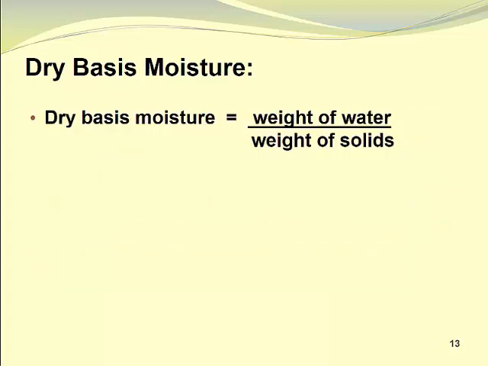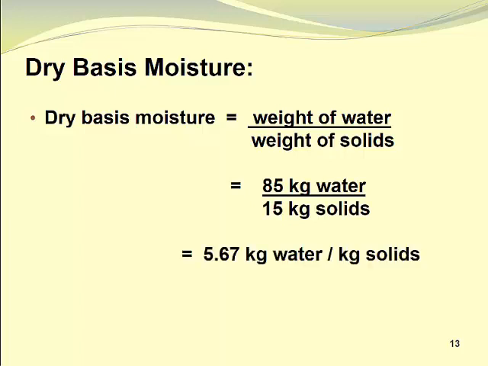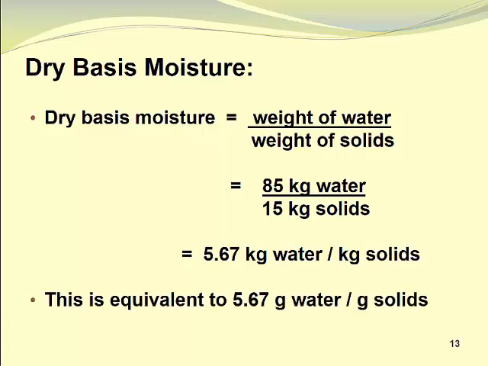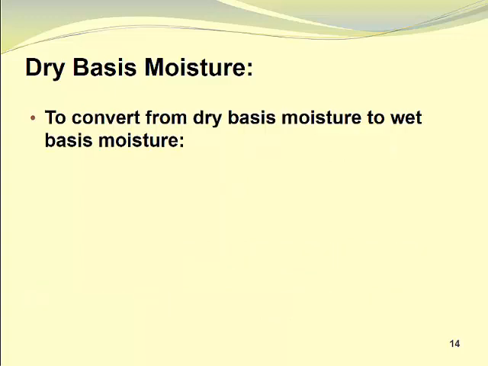The dry basis moisture will be equal to the weight of the water divided by the weight of solids, which is 85 kilograms of water divided by 15 kilograms of solids, or 5.67 kilograms of water per kilogram of dry solids, which is equivalent to 5.67 grams of water per gram of dry solids.